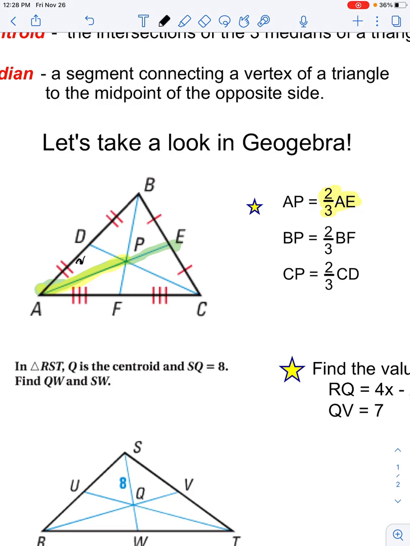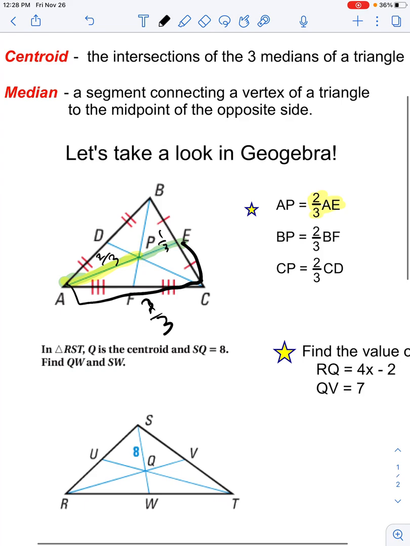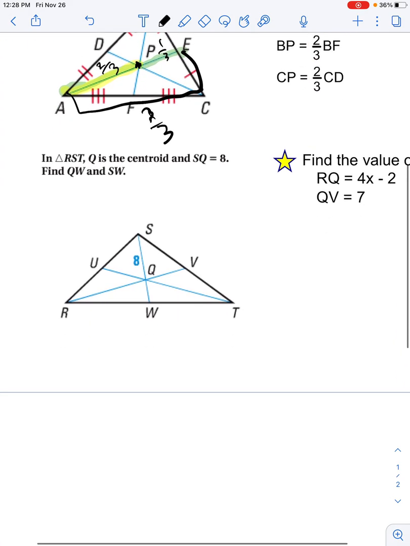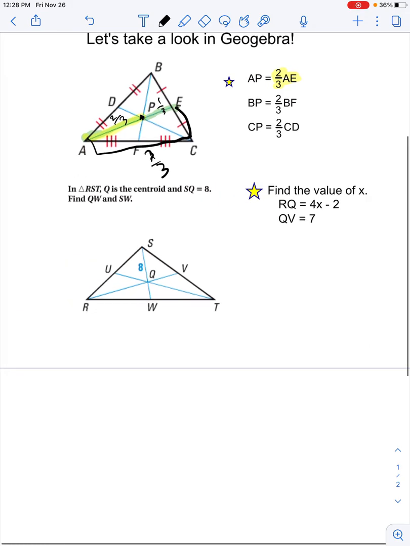This is 2/3, this is 1/3, and the whole thing equals 3/3. That's going to be true for all of them. So BP is equal to 2/3 BF, CP equals 2/3 CD, and again, point P is the centroid.